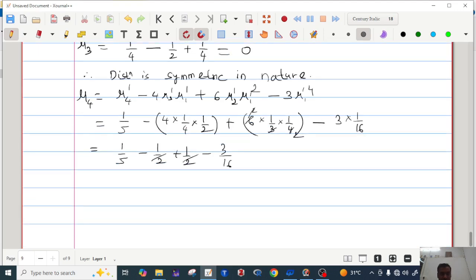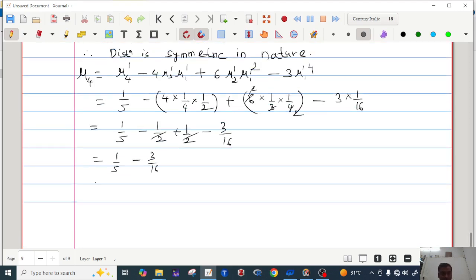This get cancelled. Simply 1 upon 5 minus 3 by 16, which is 1 by 80, equals mu4.